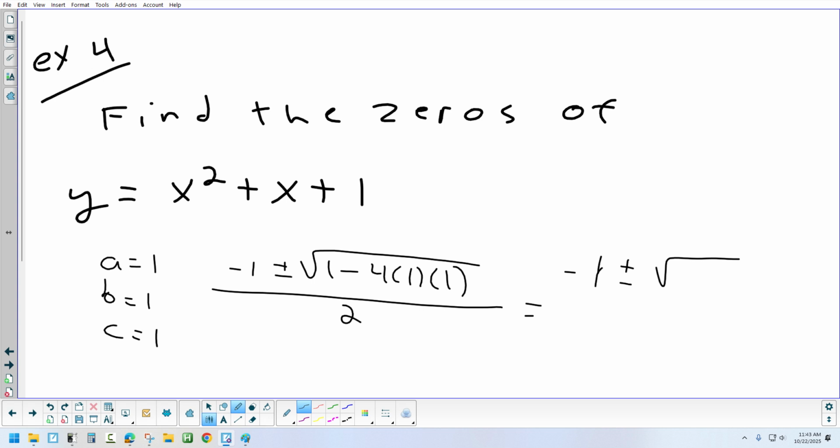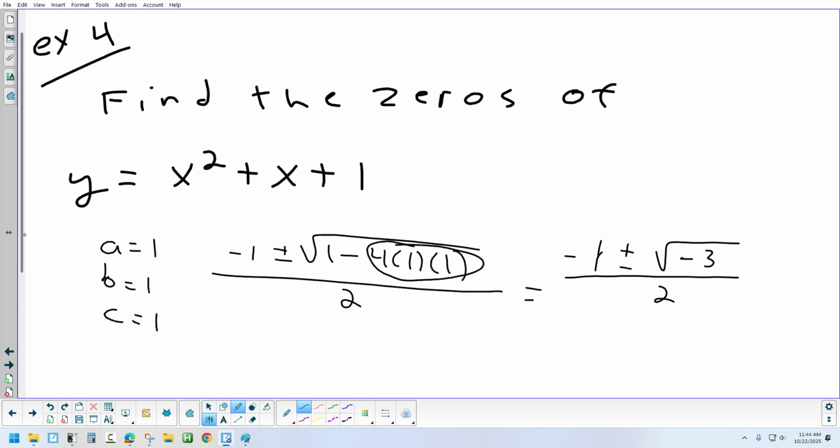What's 1 minus 4 times 1 times 1? -3 over 2. Now, we're not going to say no real answers, because they didn't say to find the real answers. They said find the zeros. That means find any zero you can. What is the square root of -3?